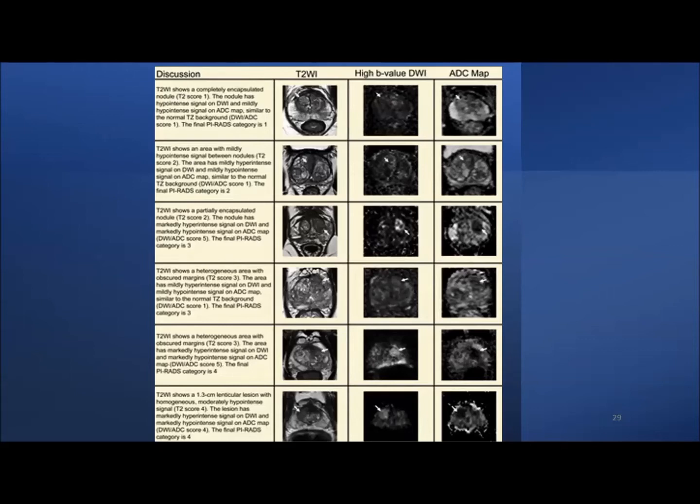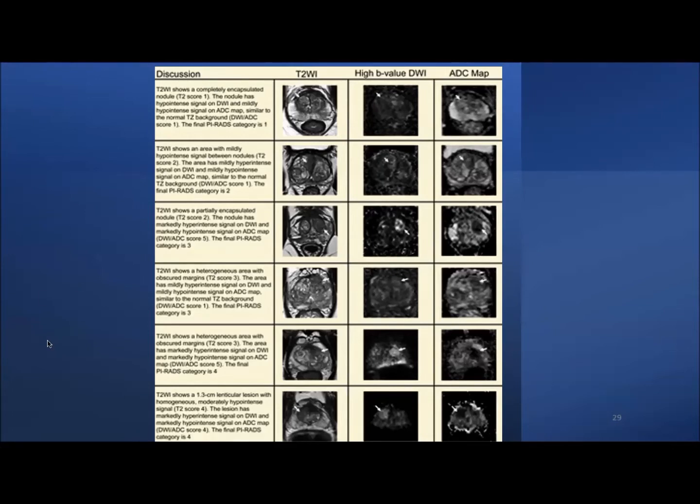And for further evaluating the transitional zone, we will see whether there is any abnormality on the ADC or high B value DWI sequence. If there is no abnormality, then only one score is given, and we don't need to be worried that this may be a possible malignancy.